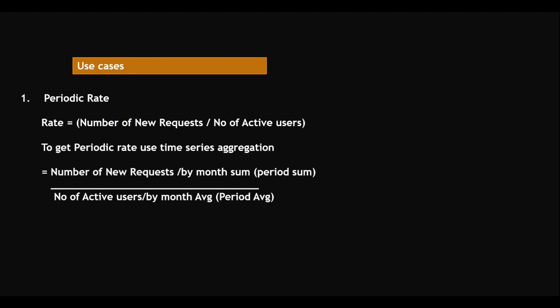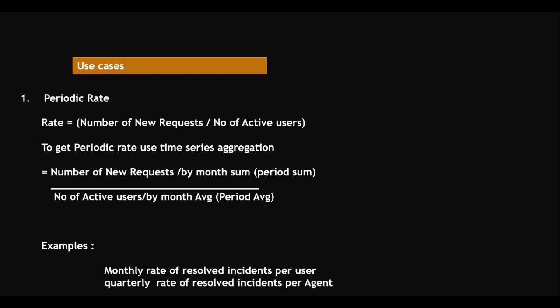But for a periodic rate, what you need to do is apply sum by month, or period sum. The numerator should be a period sum by month, and the denominator a period average. Examples are the monthly rate of resolved incidents per users, or the quarterly rate of resolved incidents per agent.